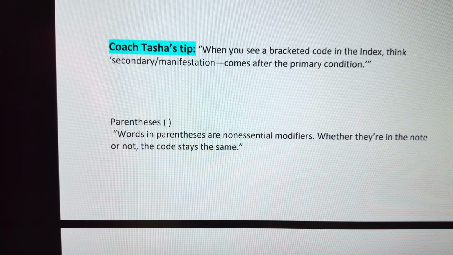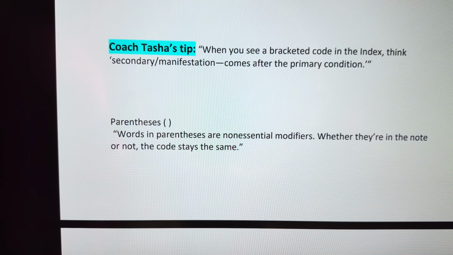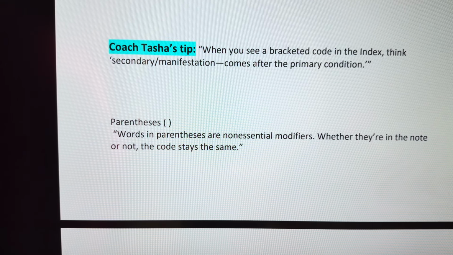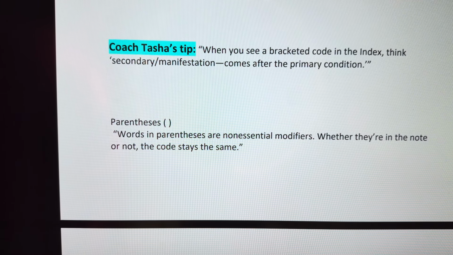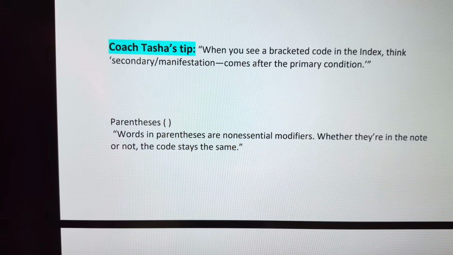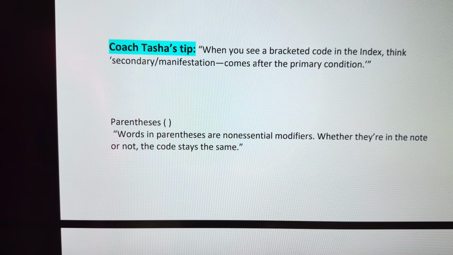Because if you put F02.80 as principal diagnosis for the dementia and you list G20 as a secondary diagnosis, your DRG would be different with F02.80 as principal diagnosis. Okay? And usually, for my test takers, you won't see it.